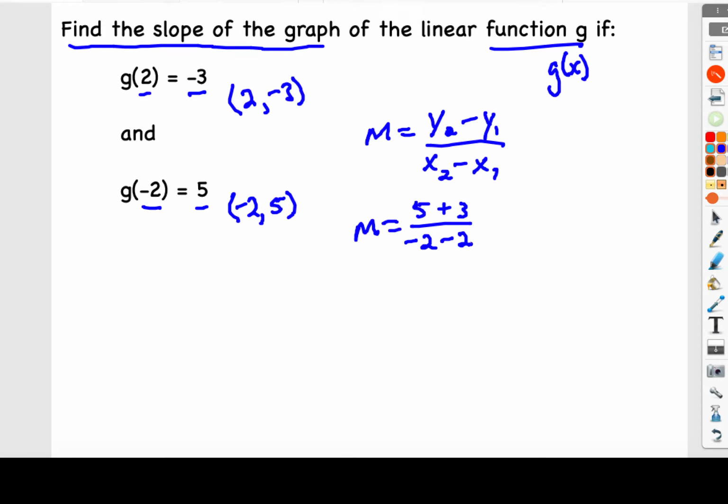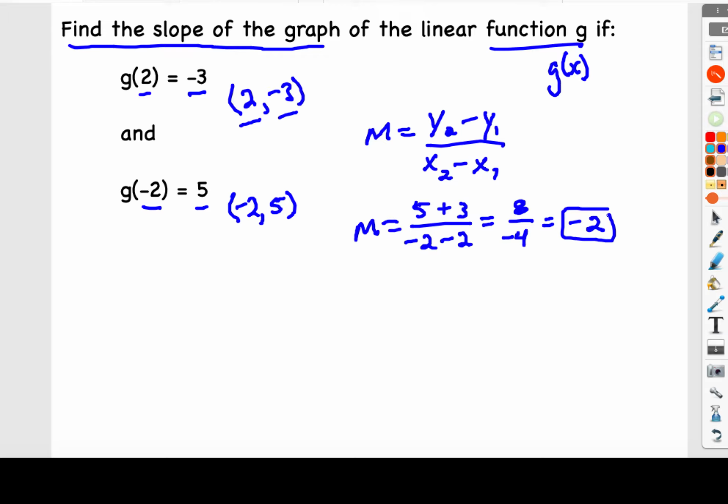Negative 3 was from the first point, 2 is from the first point. So 5 plus 3 would have been 8 divided by negative 4. Negative 2 minus another 2, going down another 2, and 8 divided by negative 4 is negative 2. I would say the slope of the line between those 2 points, between g of 2 equal to negative 3 and g of negative 2 equal to 5, is negative 2.